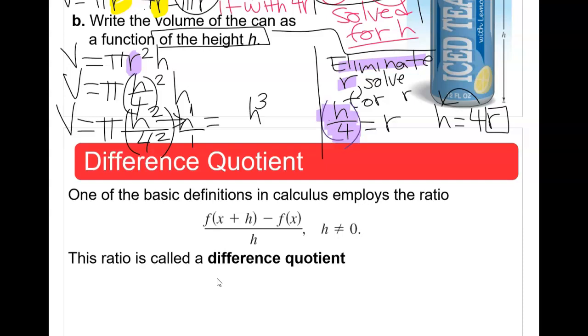And then pi would still be here on the numerator. For the denominator, we're going to have 4 squared times 1 times 1. So it's 16 because it's 4 times 4. So that will be the answer for part B. That is equal to the volume as a function of the height. Since you notice we eliminated r.